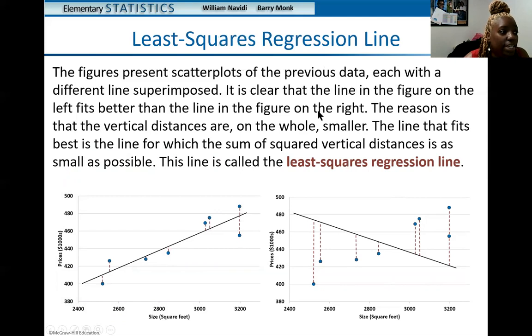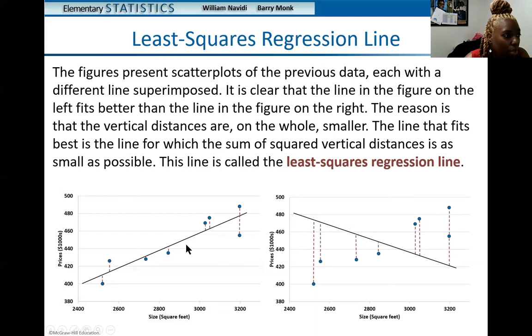It is clear that the line in the figure on the left fits better than the line in the figure on the right. See how far these points are from that line. That doesn't mean it's not linear, it just means it's a closer fit. The reason is that the vertical distances are on the whole smaller.